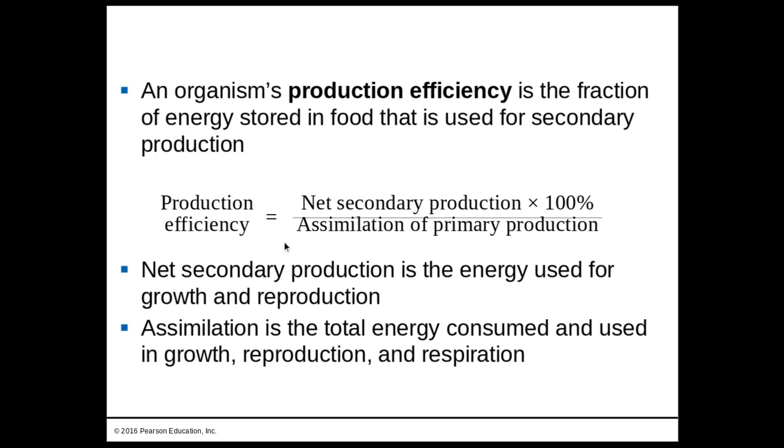So we can calculate this as the net secondary production times 100% over the assimilation of primary production. The net secondary production is any energy used for growth and reproduction, and then the assimilation is the total energy consumed and used for growth, reproduction, and respiration. So they would give you these numbers, and then you would be able to calculate that production efficiency.